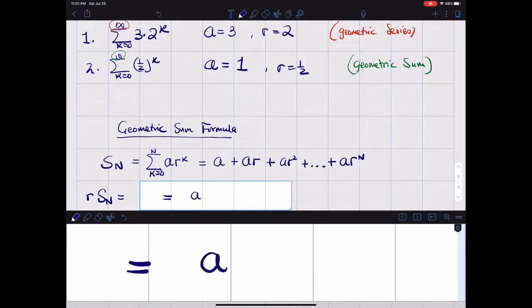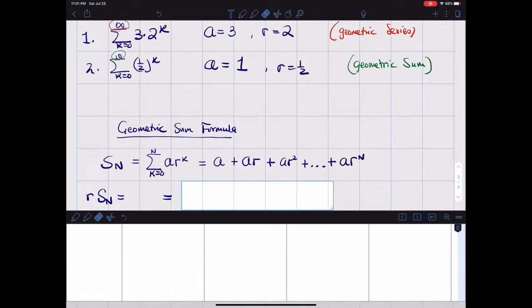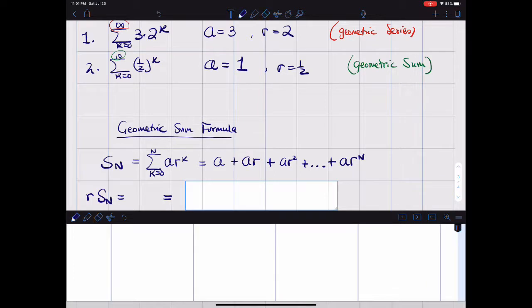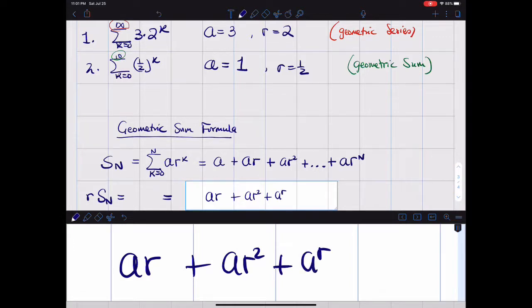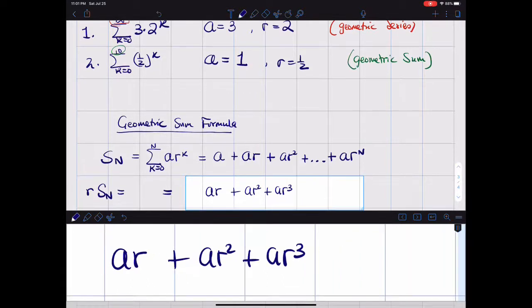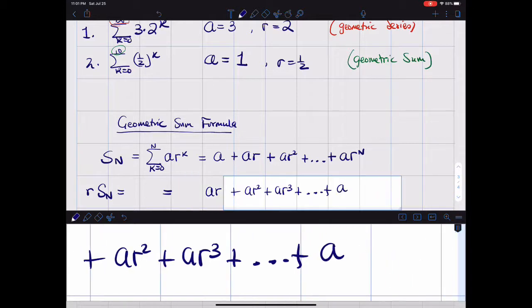So this is a. Let's align it together. This is ar plus ar squared plus ar cubed, all the way to ar to the power of n plus 1.